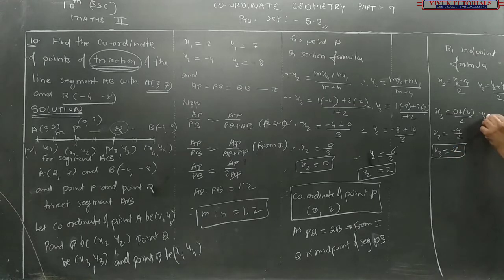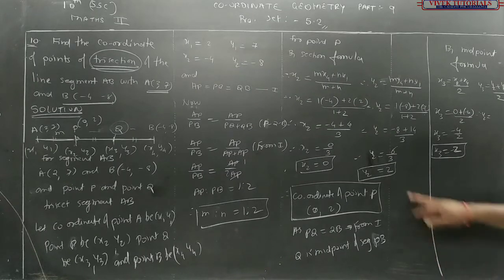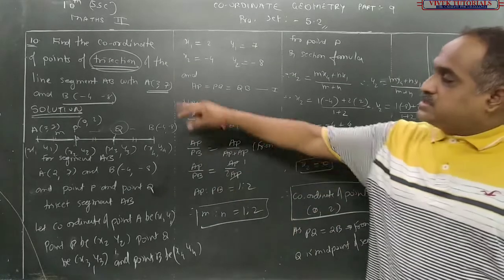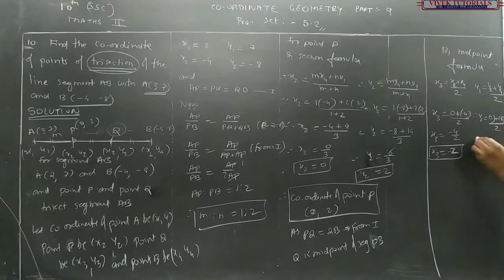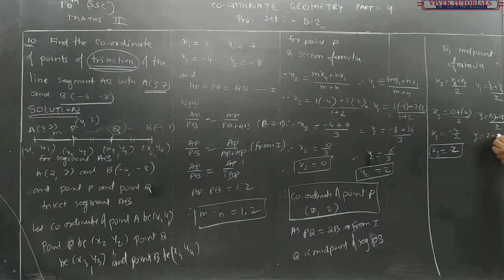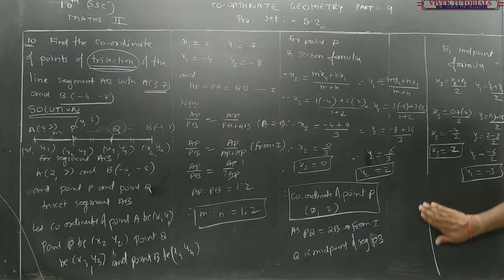And therefore, y2 is equal to the value of y2. y2 is 2 and y4 is minus 8 upon 2. So y2 is equal to 2 minus 8 upon 2. So y2 is equal to minus 6 upon 2, y2 is equal to minus 3.